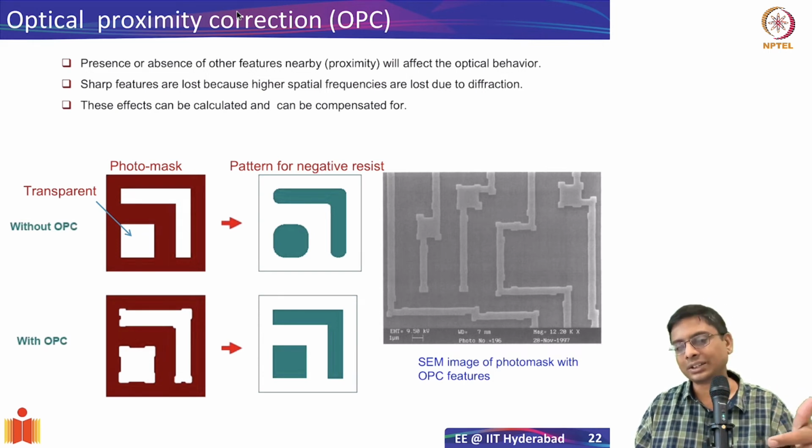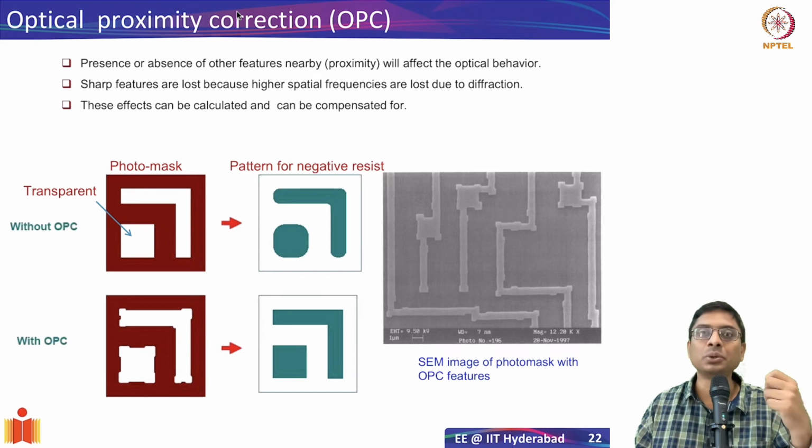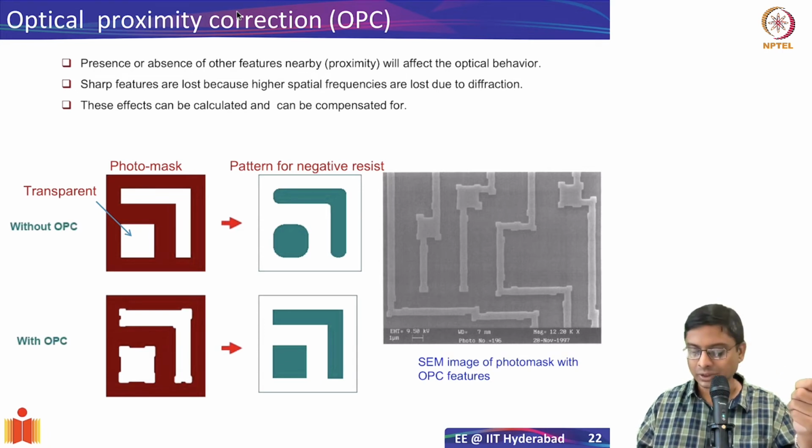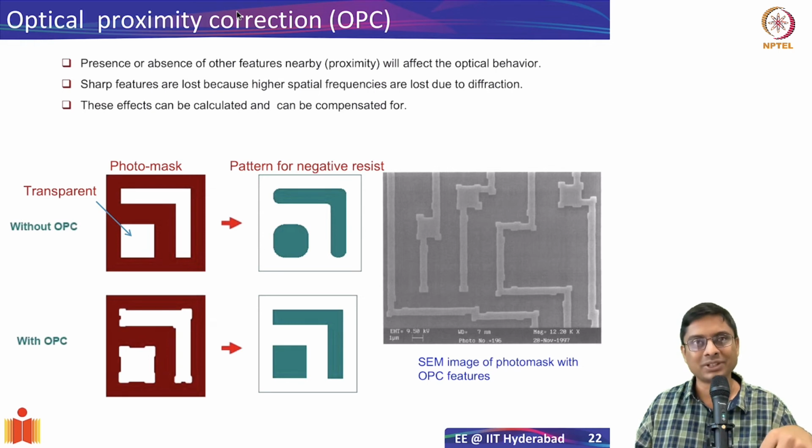So if I have such a scenario, I can compute what my pattern is going to be and then modify my mask. So instead of taking a standard mask like this, I will try to take a corrected mask, which has these additional pecks on the sides and so on, this additional distortion that we are introducing in the mask, so that when it gets diffracted, you get the correct image you want.